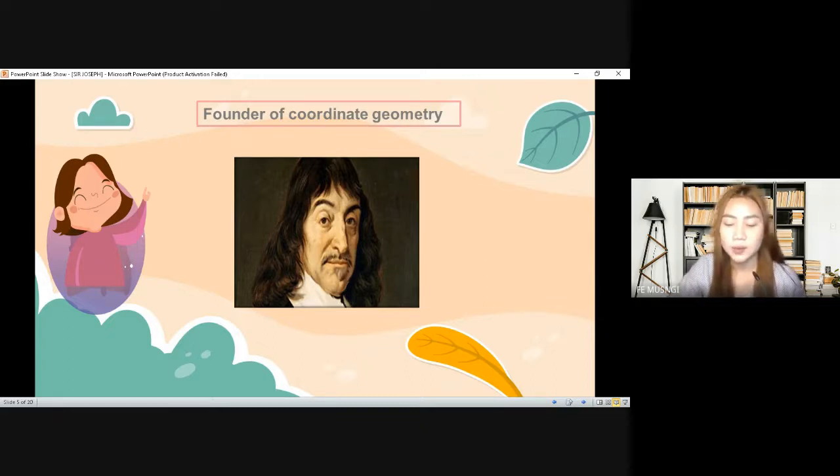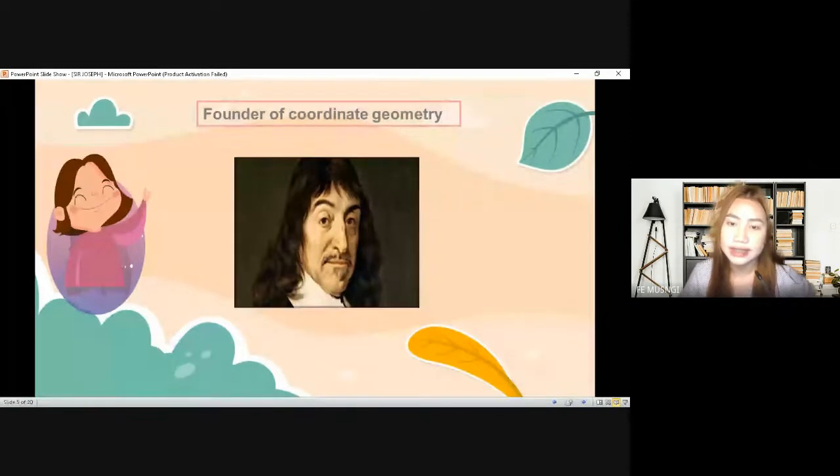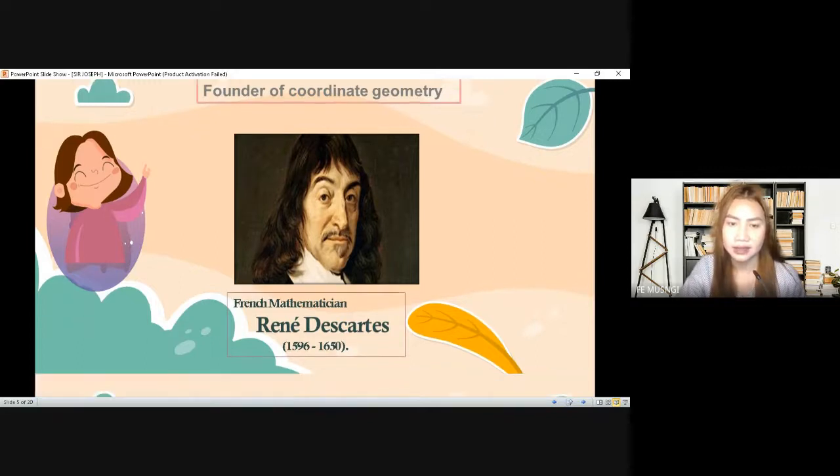He was watching a fly on the ceiling from his bed, and he wondered how to best describe the fly's location. So, he decided that one of the corners of the ceiling could be used as a reference point for that. Yun, dun nabuo yung coordinate geometry. And the rest is history. So, yan, si Rene Descartes.